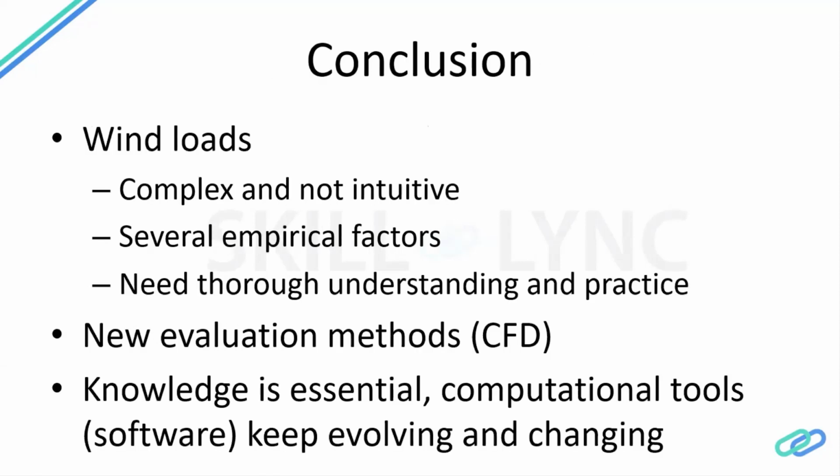Coming back to the conclusion, what we have learned from the last 40-45 minutes of talk is that wind is very complex. It's not very intuitive. You can think about one thing and that will result in another thing. That's not so straightforward in the case of wind. That's why we have several empirical factors that are dependent on experiments, which you cannot calculate using a straightforward methodology or mathematical formula.